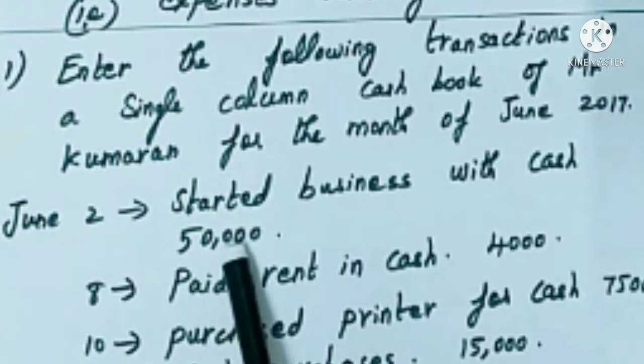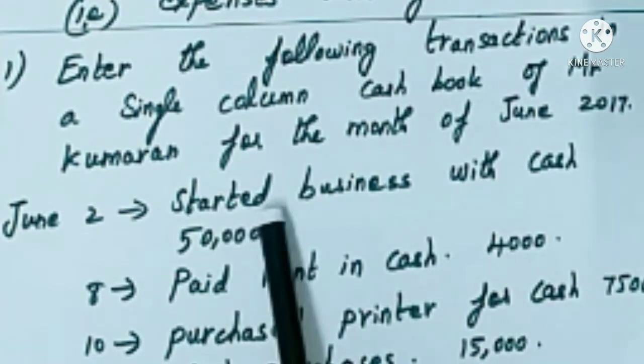Okay, now what is the entry for this? When you start business, what is the journal entry? We have already discussed in the introduction part of journal how to pass entries for capital introduced, isn't it? So, when cash is introduced, what is coming into the business? Cash is coming into the business, isn't it? So, we have to debit cash account.